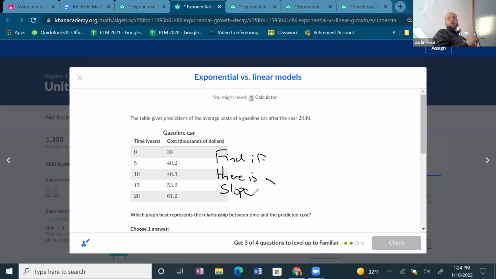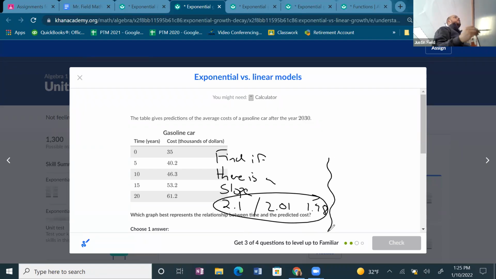If when you choose 2 of the points, you get like 2.1 and then the other time you get 2.01 or 1.98, then we could say that's approximately a slope of 2. So we would say linear. But also check exponential. If you divide the terms and you get a growth quotient that's approximately a certain number, then it's exponential. Okay, so I'll let you go through that and try it.